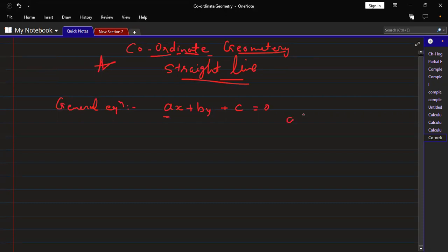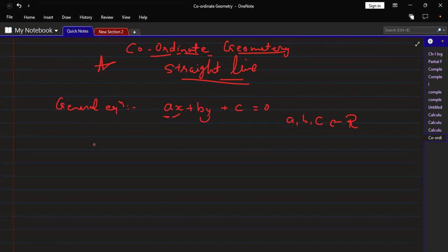A, B, and C belongs to R. Okay, A, B, C वो constant numbers होंगे. A is a coefficient of X, B is a coefficient of Y, and C is a constant term in line.